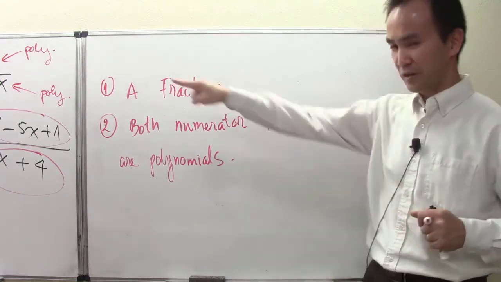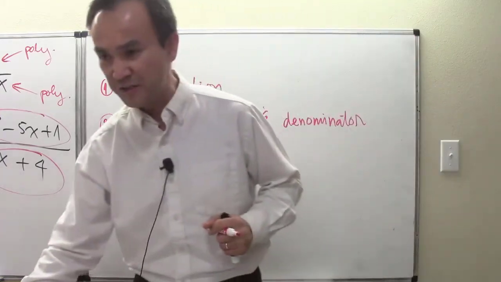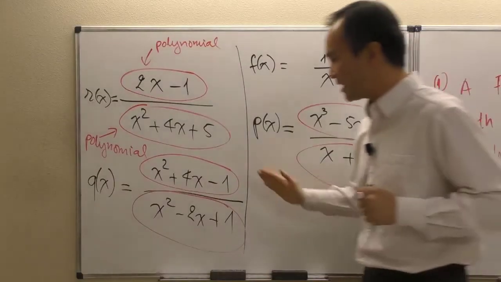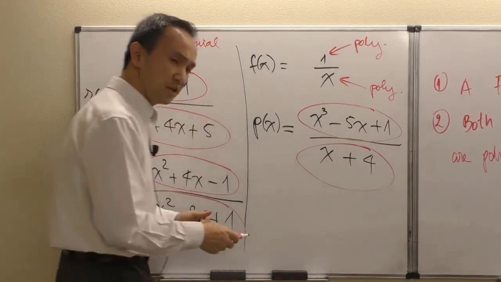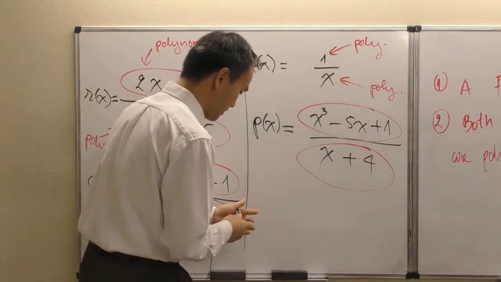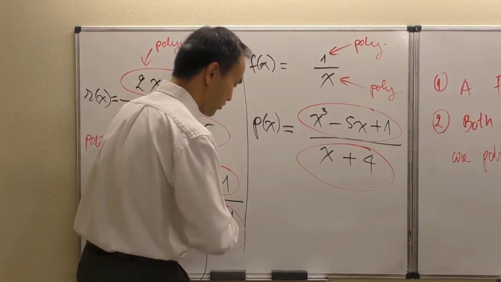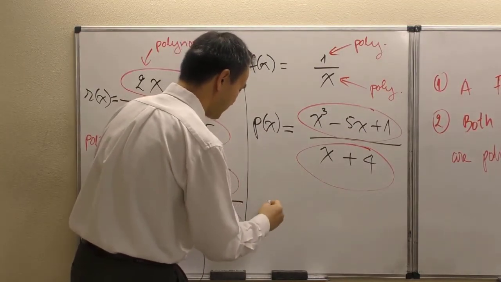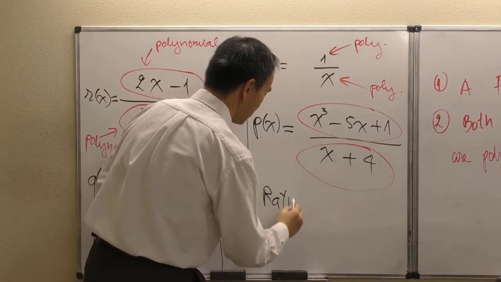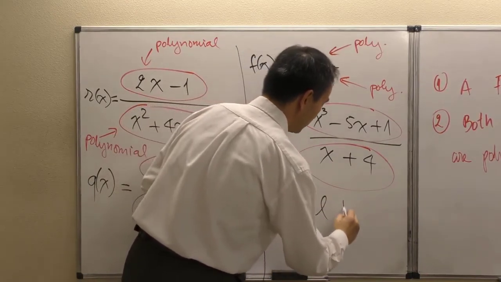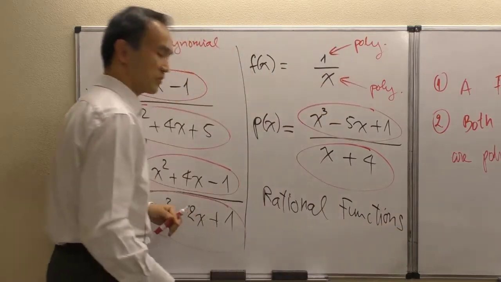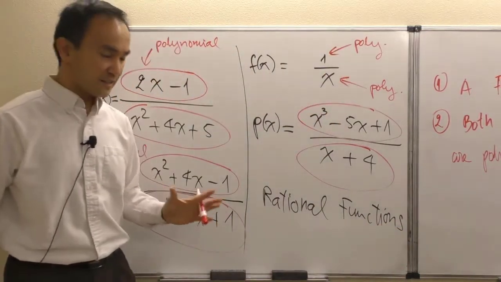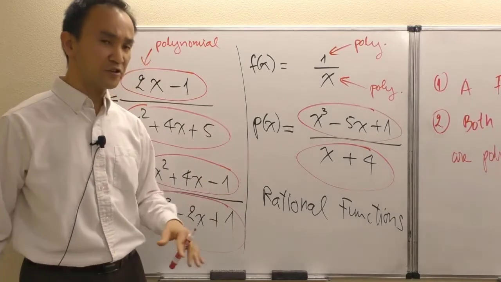Any of the functions we have seen on this board, we now call them rational functions. They are functions, and they are rational functions. That's specifically a classification of these functions.